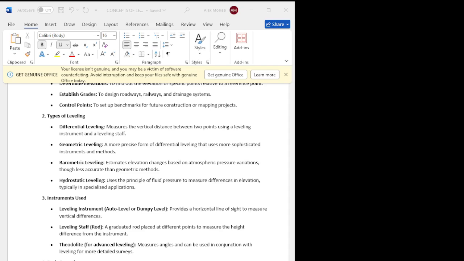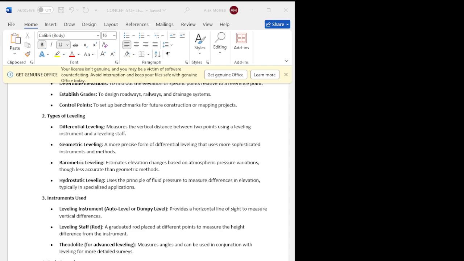Differential leveling measures the vertical distance between two points using a leveling instrument and leveling staff. This is where vertical distances are being determined. We have geometric leveling, a more precise form of differential leveling that uses more sophisticated instruments and methods.